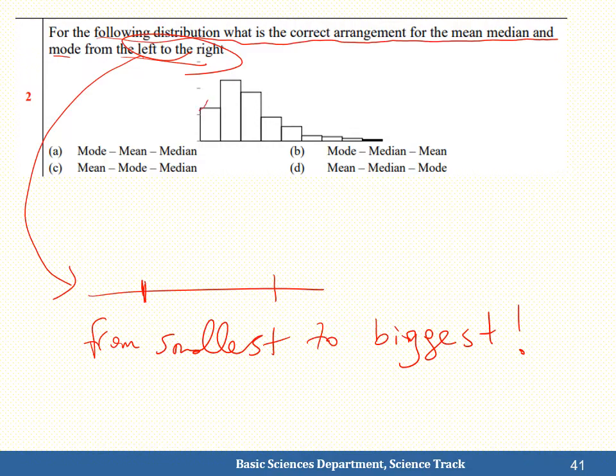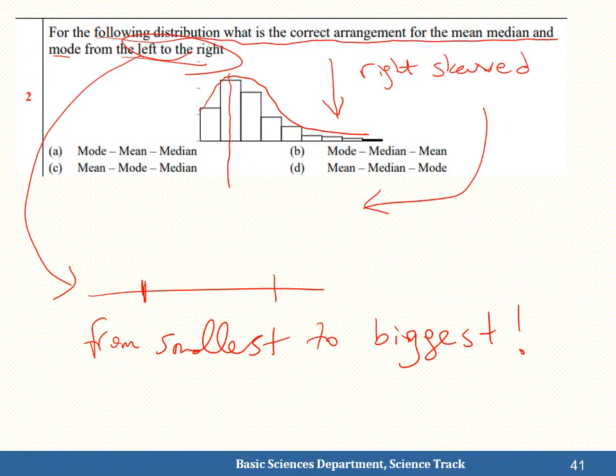It gives this distribution. You look at it and see that this distribution is right skewed. In a right skewed distribution, if you remember, we have the mode first, then comes the median, and then comes the other one, which is the mean.